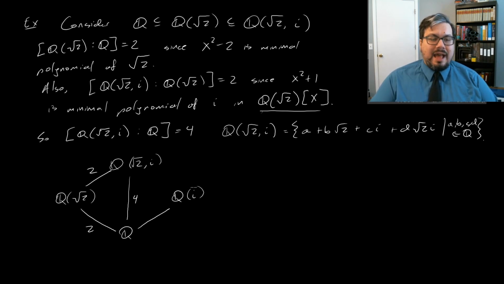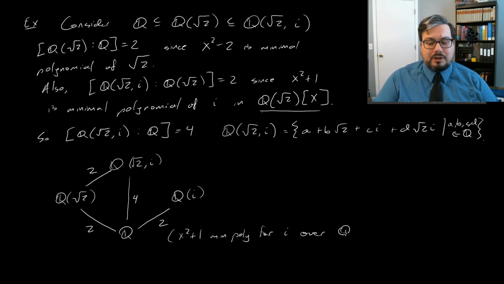Well, x squared plus 1 is still a minimal polynomial for i over Q, and so this extension has degree 2.